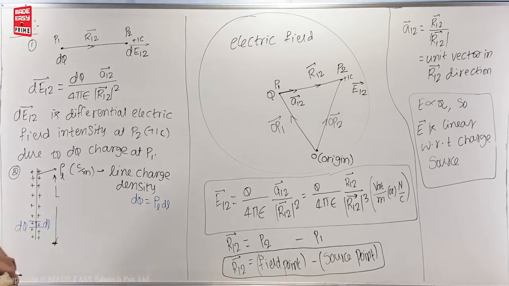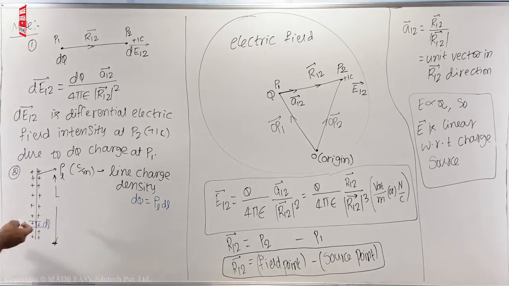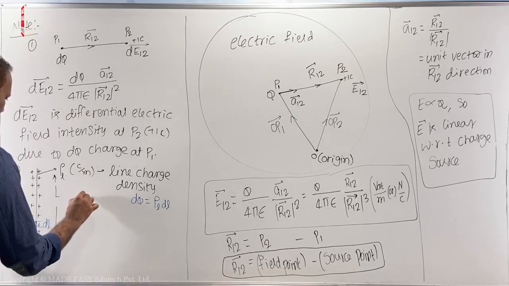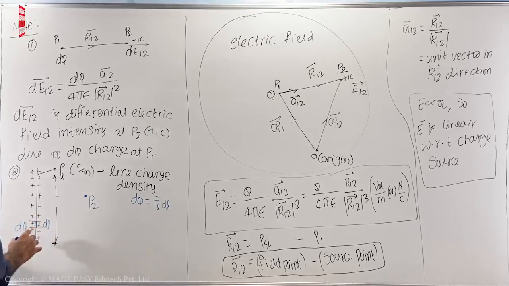Now what is the dE12 equation? This is the equation. So dE12 bar. Now let us say here there is a point 2. Wherever you select the small length, there dq charge is there, that is called point 1.